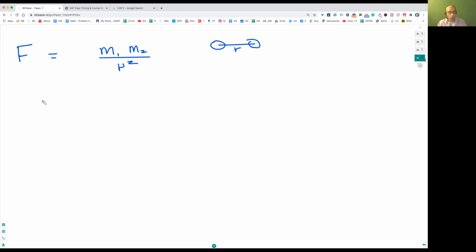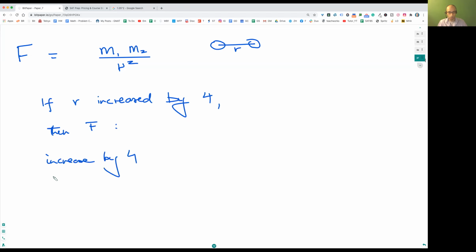So now the question is, if R, the distance between these 2 bodies, increases 4 times, then what happens to the force between these 2 bodies?